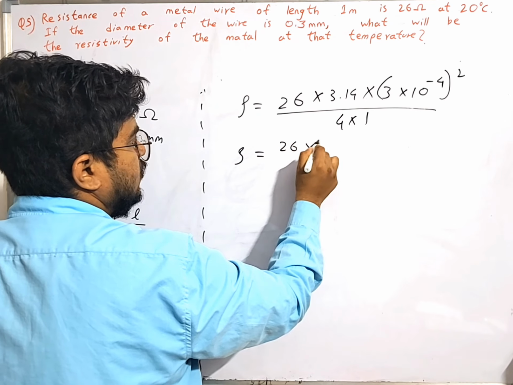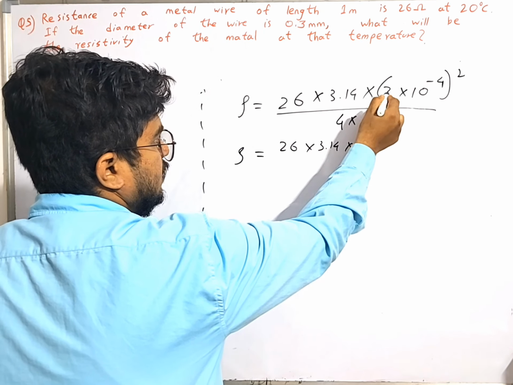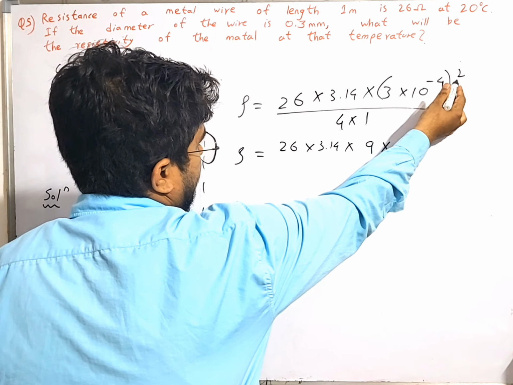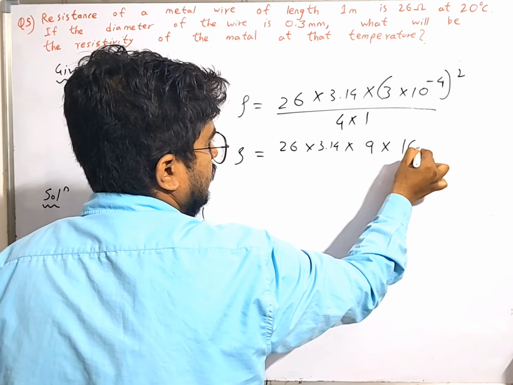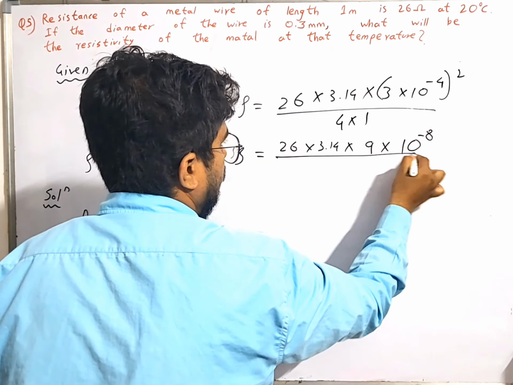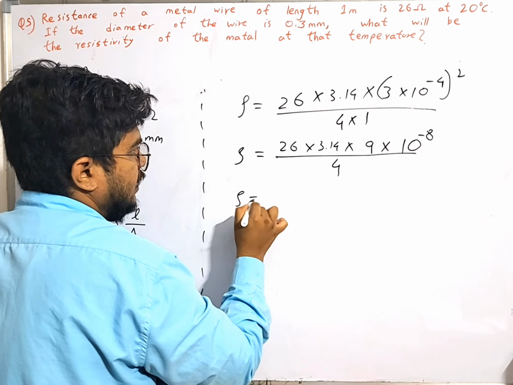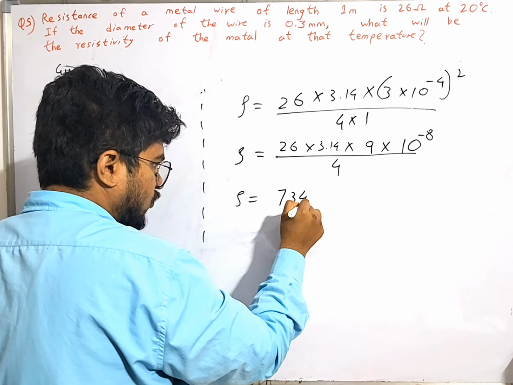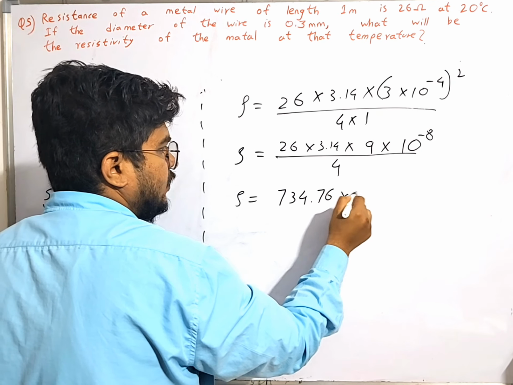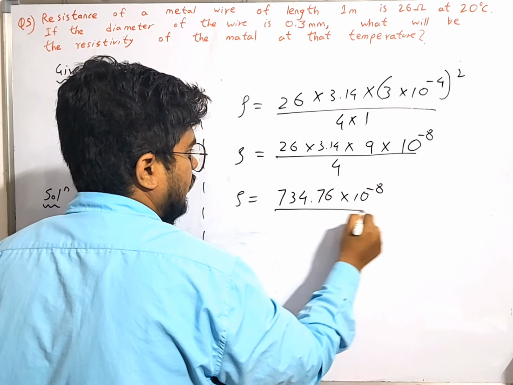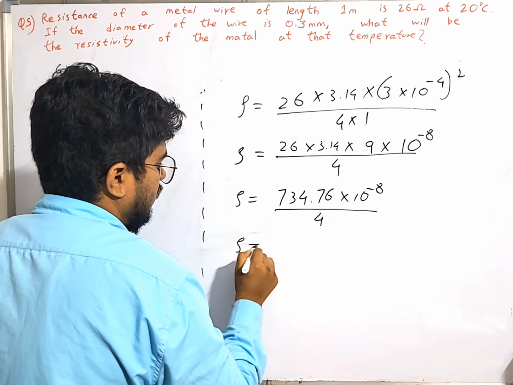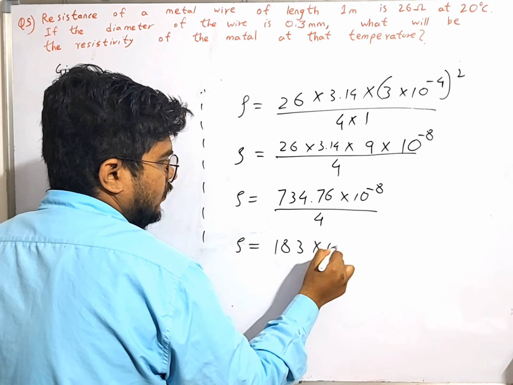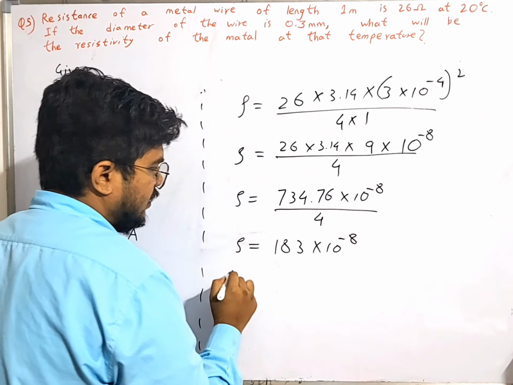Further, 26 into 3.14 into 3 square is 9, and 10 raised to minus 4 square is minus 4 into 2, minus 8. So minus 8 upon 4 ones are 4. Then if you simplify this numerator value, you get 734.76 into 10 raised to minus 8 upon 4. After dividing, you will get 183 into 10 raised to minus 8.